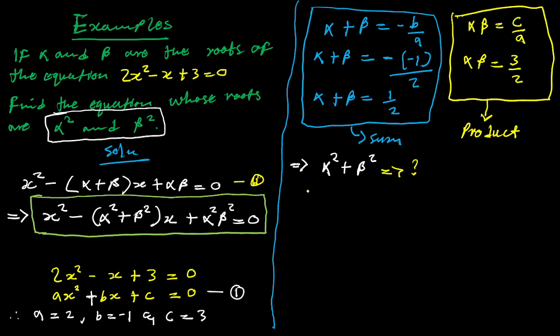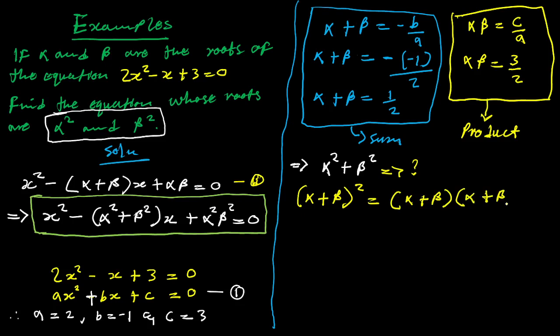You can simply have this by expanding alpha plus beta all squared. If you expand this, you have alpha plus beta open brackets, and then alpha plus beta, like that.